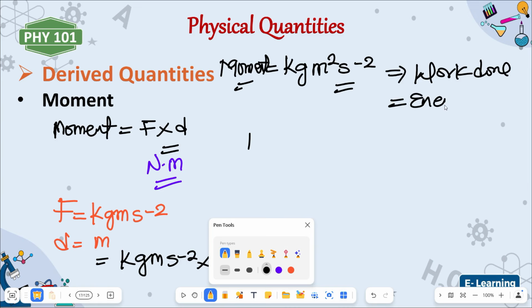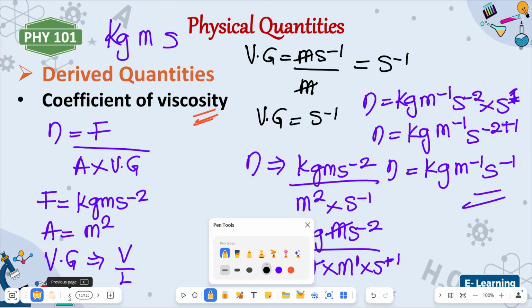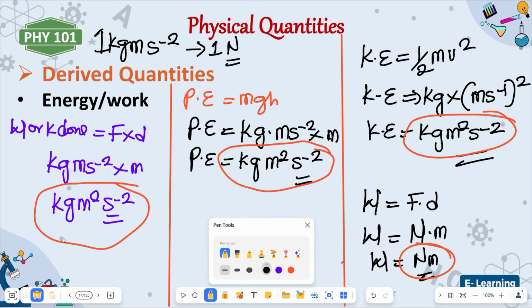Energy. So take note in the exam. You may ask which of the following have the same dimension as work done, energy, and co. You'll be able to know that moment have the same unit or the same dimension at the end of the day. We've not come to dimension, but if the units are the same, it means the dimensions will also be the same.